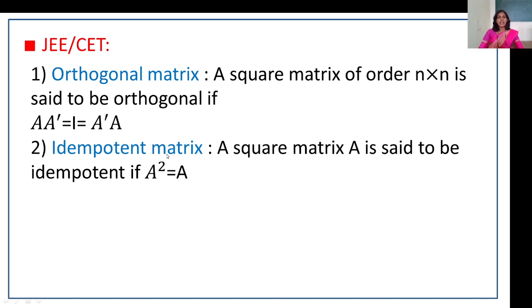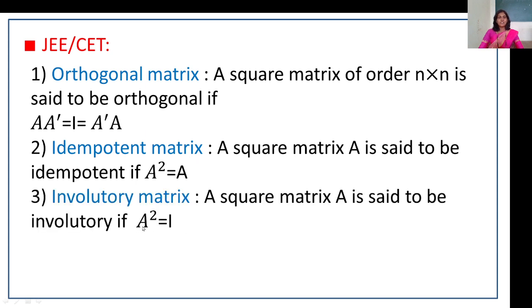Then second, the idempotent matrix. If the square of that matrix gives the matrix itself, then it is called an idempotent matrix. Then third, if A is any square matrix and the square of that matrix becomes an identity matrix, then that matrix is called an involutory matrix.